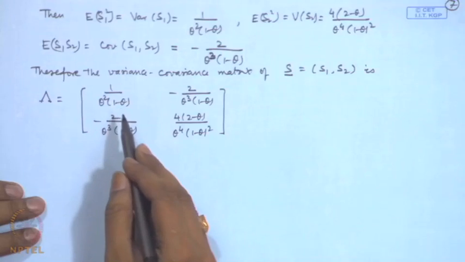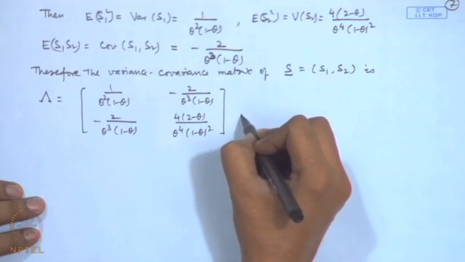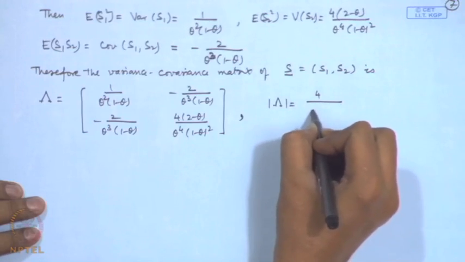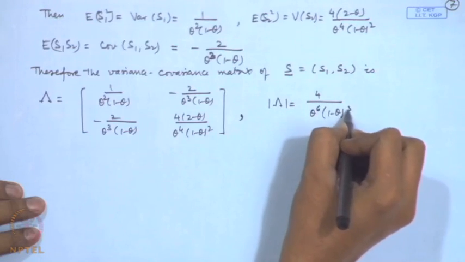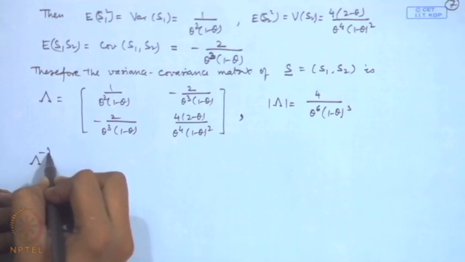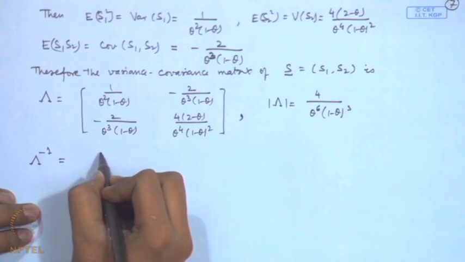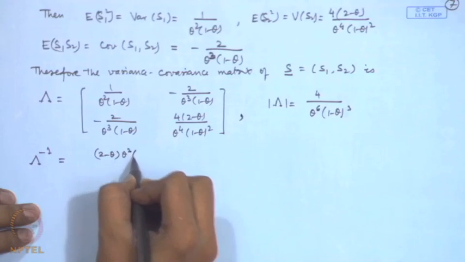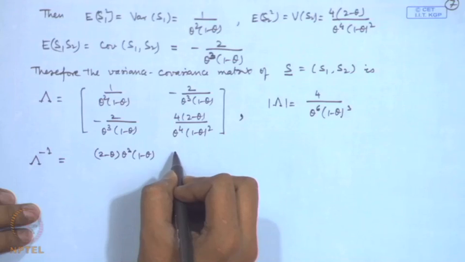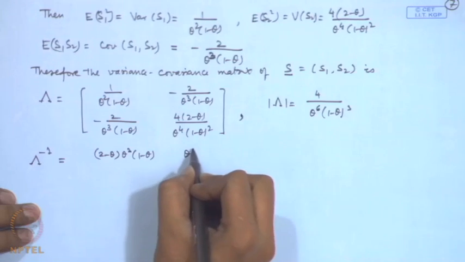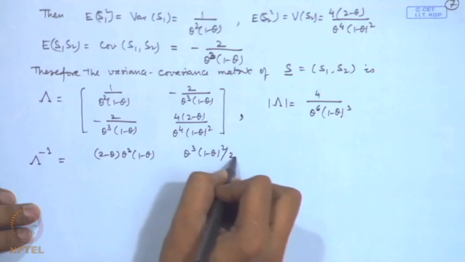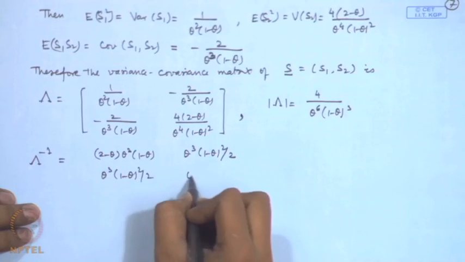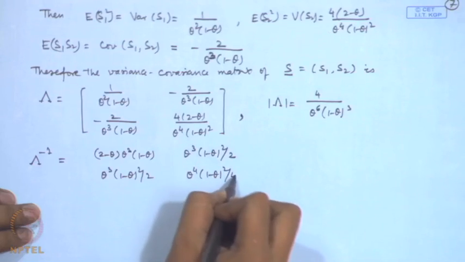Now, the inverse of this can be written easily. If we look at the determinant of this, it is 4 divided by theta to the power 6 into 1 minus theta cube, and the inverse is then simply obtained as 2 minus theta square into 1 minus theta cube, 1 minus theta square by 2 theta cube, 1 minus theta square by 2 theta to the power 4, and 1 minus theta square by 4.